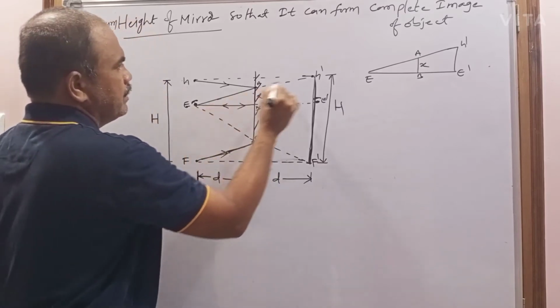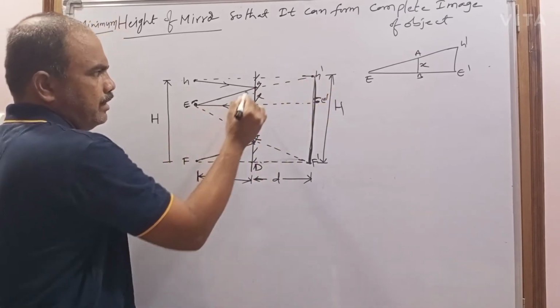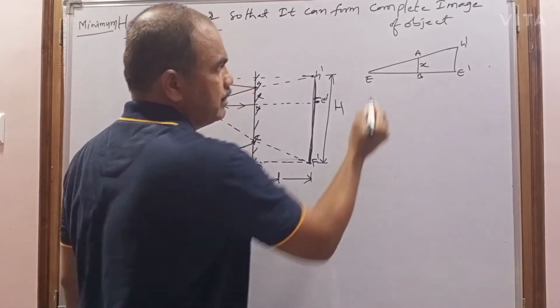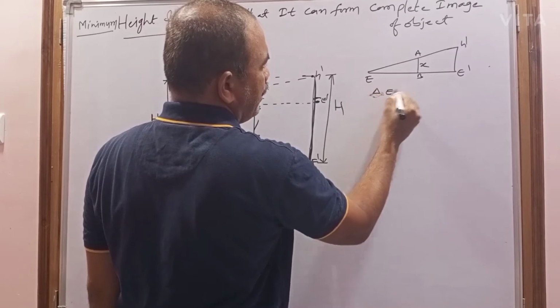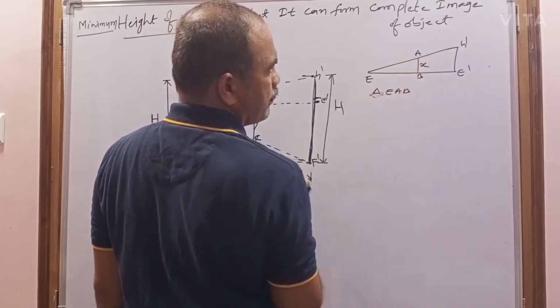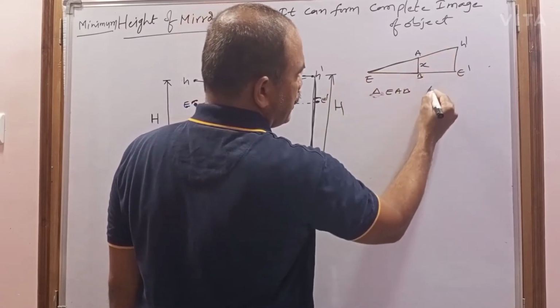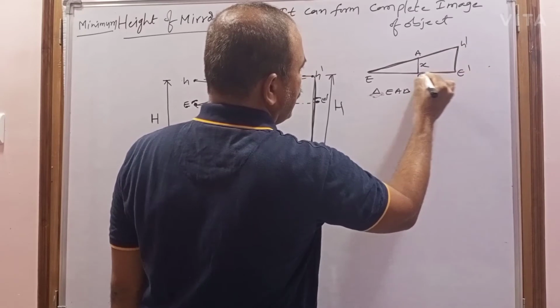Now when we observe this triangle E, H dash, E dash, in this triangle there are two similar triangles. One is triangle E, A, B, this one, and the next is the total triangle E, H dash, E dash.